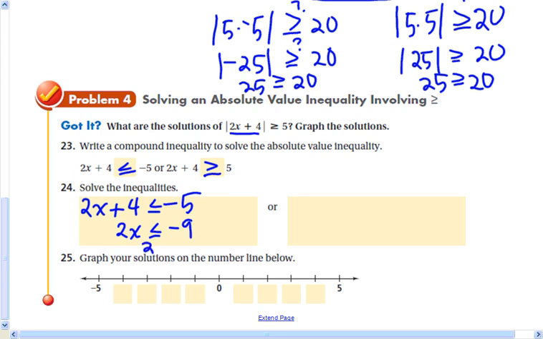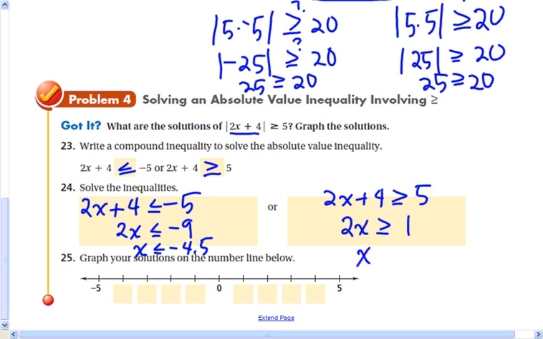Divide both sides by 2, and we get x is less than or equal to negative 4.5. Or we have 2x plus 4 greater than or equal to 5. That would mean that 2x, if we subtract 4 from both sides, is greater than or equal to 1. And if we divide by 2, that would mean x is greater than or equal to 1/2.